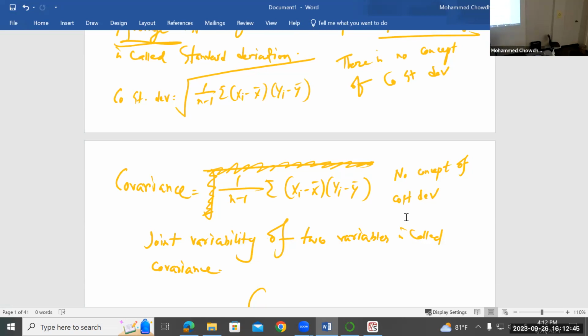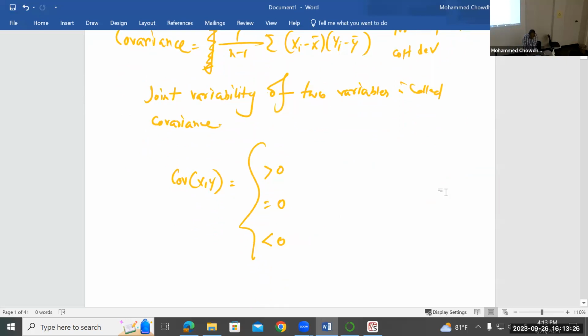Then it will be imaginary. Under the square root, if there is a negative 4, that is called a complex number or imaginary number. So that is why there is no concept of co-standard deviation by putting a square root sign over the covariance formula. Clear? So covariance could be positive, zero, or negative.